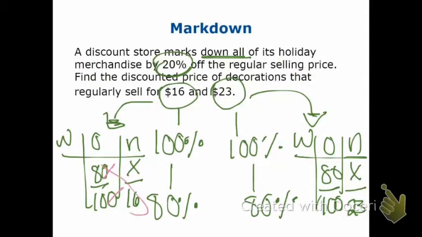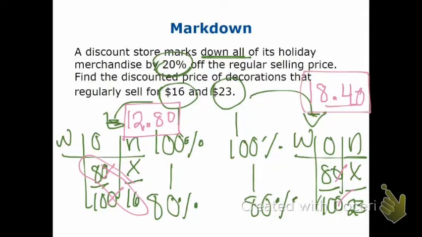So that's 8 times 16, because if you notice, I'm just crossing out my common zeros in case you're doing this by hand and not by a calculator. Divide by 10. So the new price over here is $12.80. And the new price over here is $18.40. And so those are the new discounted prices, or the markdown price.